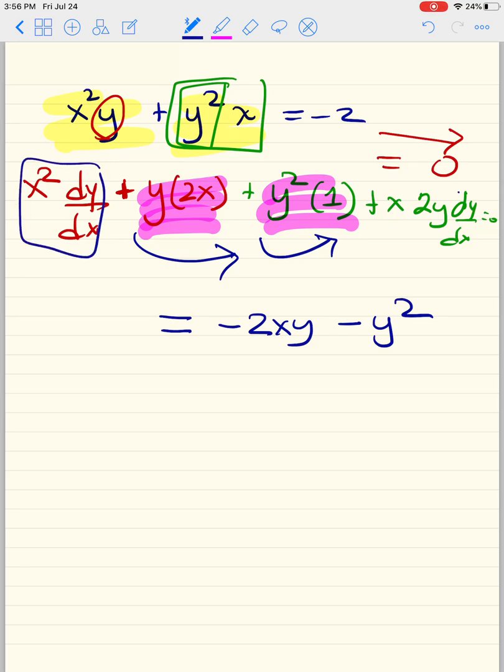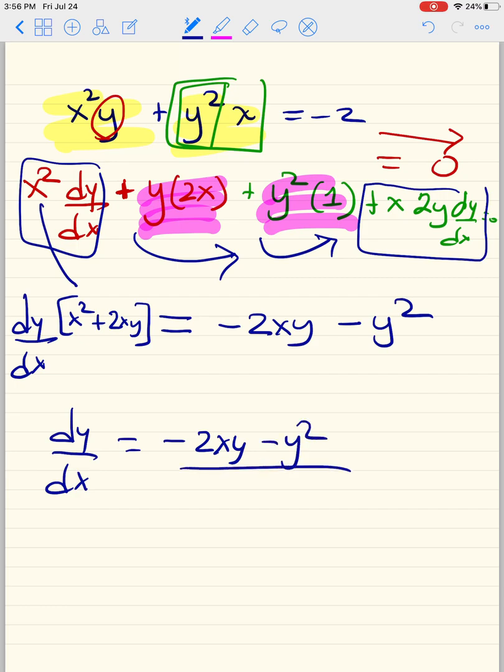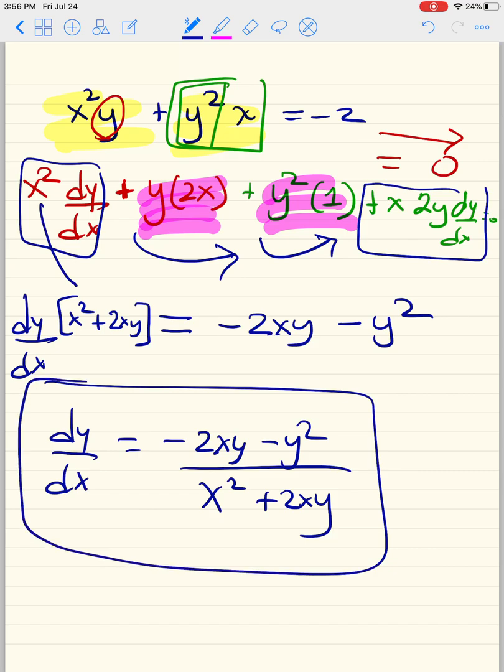And then this part here and this part here have a dy dx. So you factor out the dy dx, and you're left with x squared from this person, and you're left with a 2xy. In math, we put numbers first and then letters in alphabetical order. So I'm just going to divide by this, and now I'm done. I solved for dy dx.